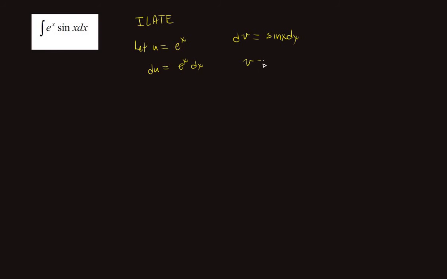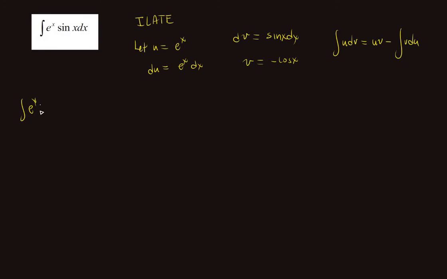So v is going to be equal to minus cosine of x. Plus c, that's okay. Now, the technique we're using here is integration by parts. If you remember, when you have the integral of u dv, this is the same as uv minus the integral of v du.